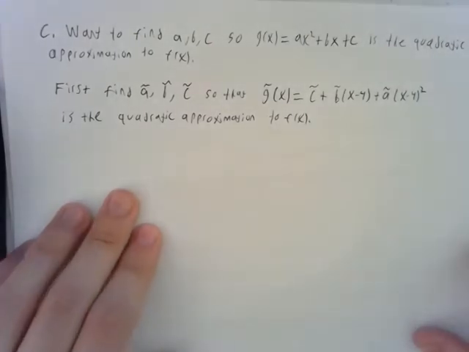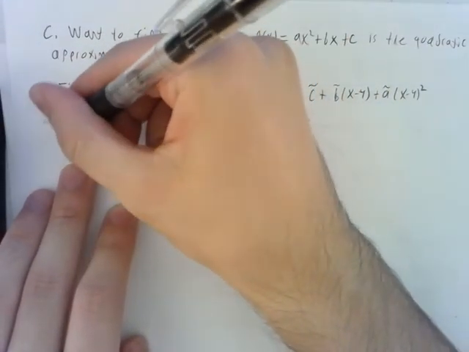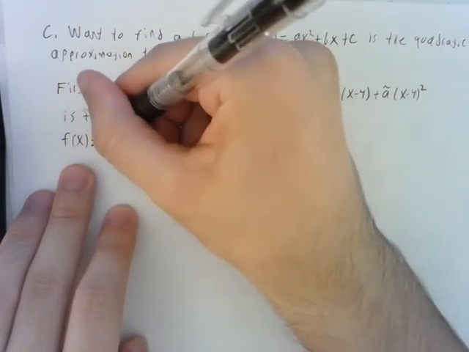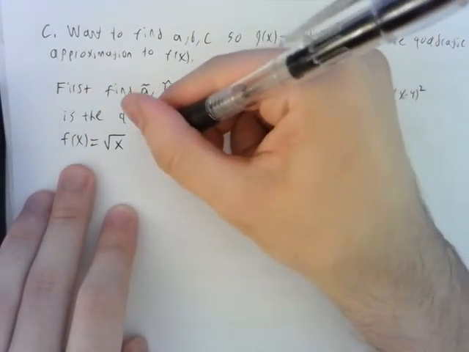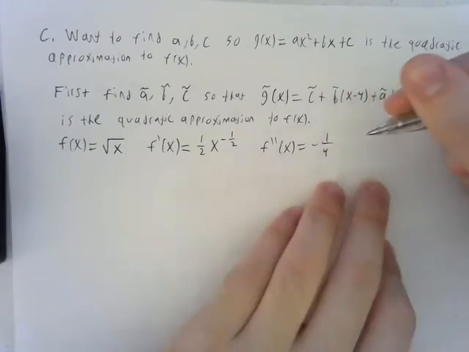So let's see how this works. We have that f of x is equal to square root of x. f prime of x, by the power rule, is 1/2 x to the negative 1/2, and f double prime of x is equal to negative 1/4 x to the negative 3/2.